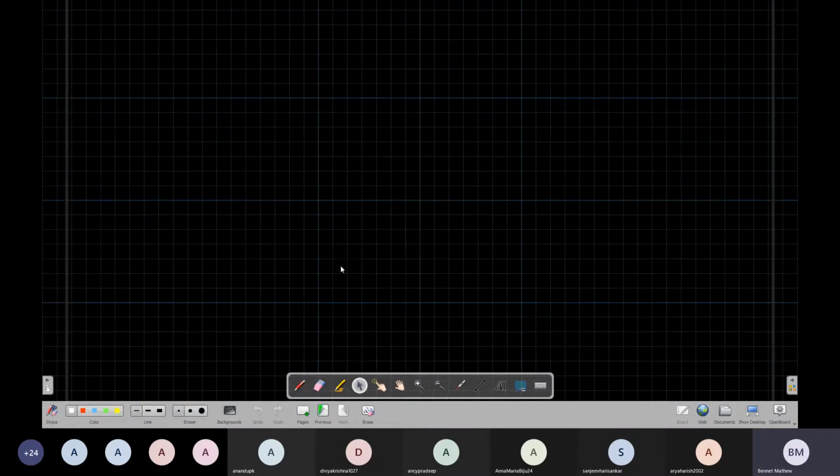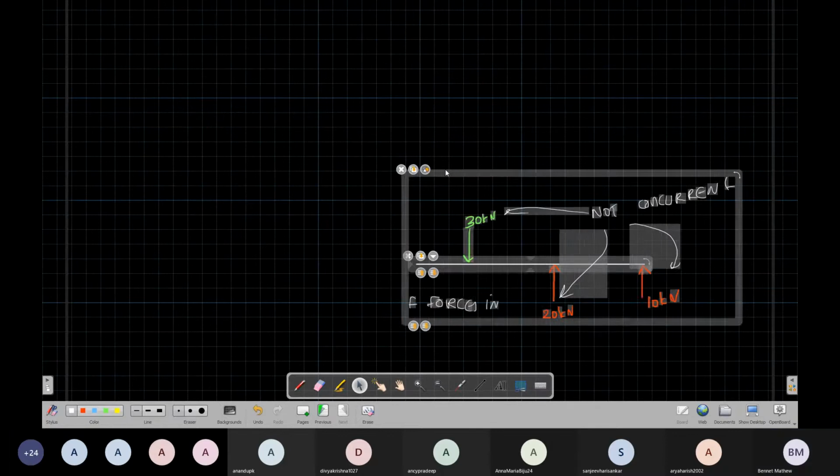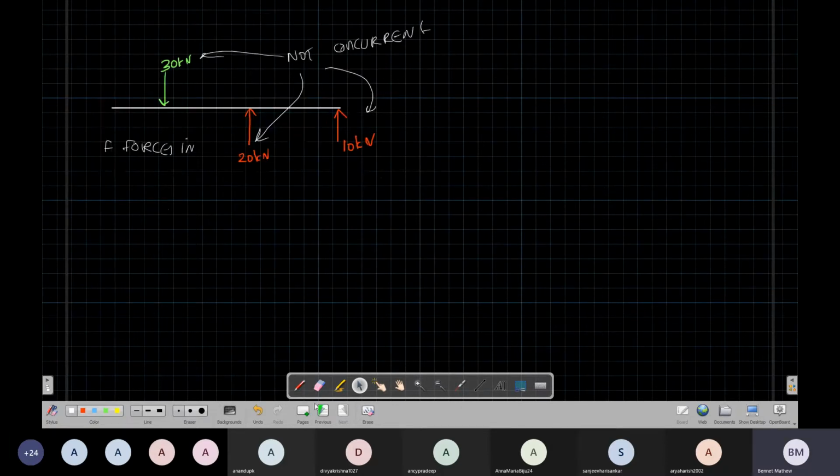Let's create a slide here. Now, what is the summation of forces in the x direction?